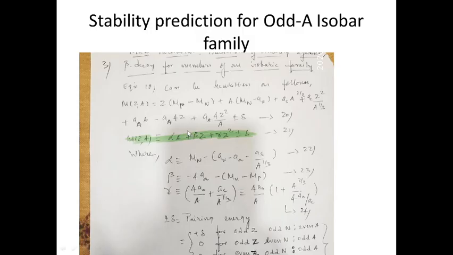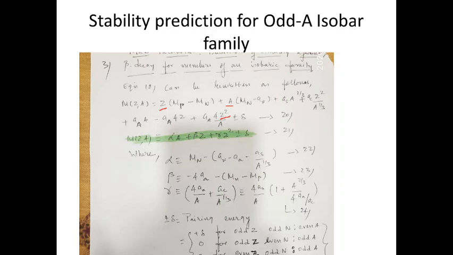Now we will see what happens. I'll rewrite this formula, M(Z, A), everything I write down. Now I'll just rearrange the terms. What I have done is take the previous expression, take a piece of paper and write down the expression, and club all the Z terms, club all the A terms, and club all the remaining terms which have Z square.